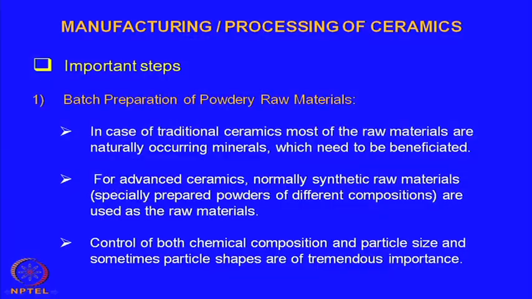Then you have different shapes of the particle, sometimes spherical, sometimes more angular, sometimes cuboid kinds of shapes. Depending on the crystal structure, you can get hexagonal crystals. So, shapes are also important depending on the particular nature of the raw material and the product you want to make.